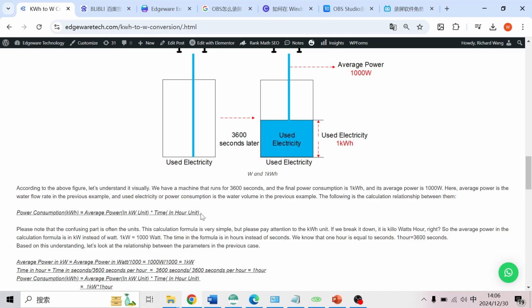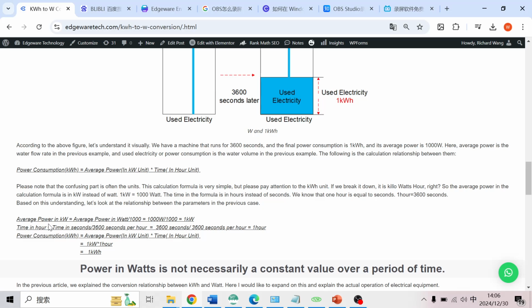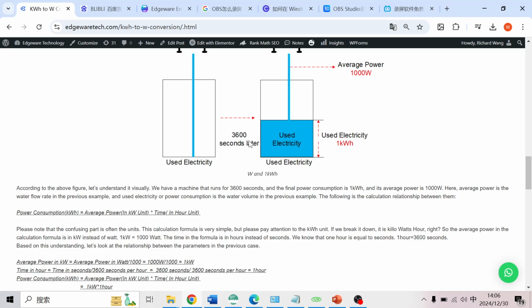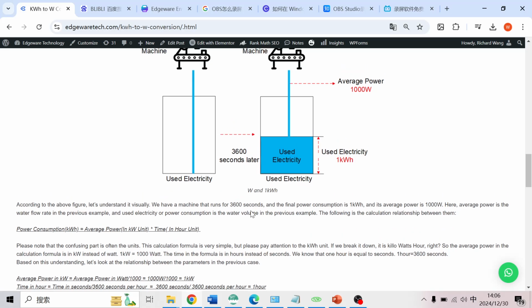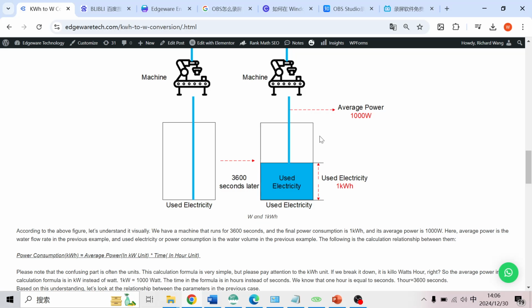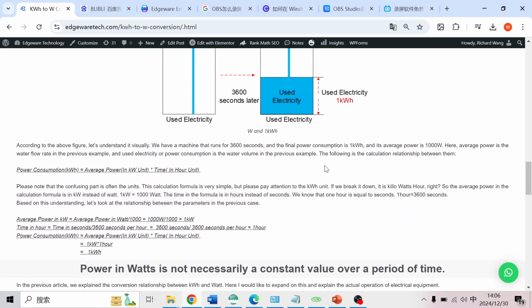Here is one example. I calculate everything together for you. Let's say we have 3,600 seconds running, that's 1 hour, and we have 1,000 watts. If we fill this into the formulation, first we need to change the power into kilowatts.